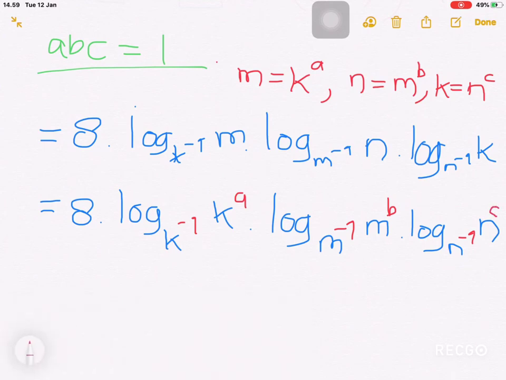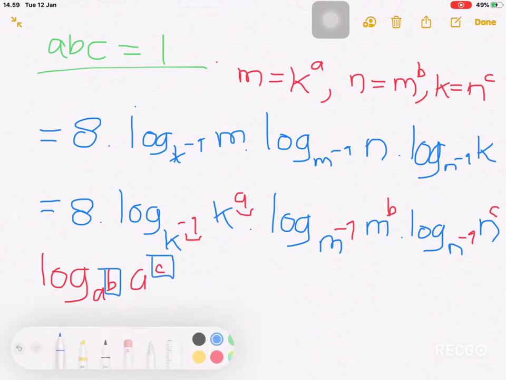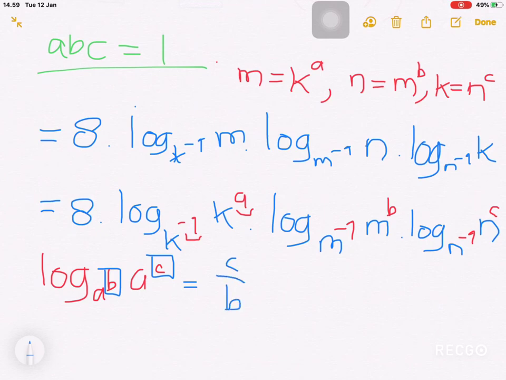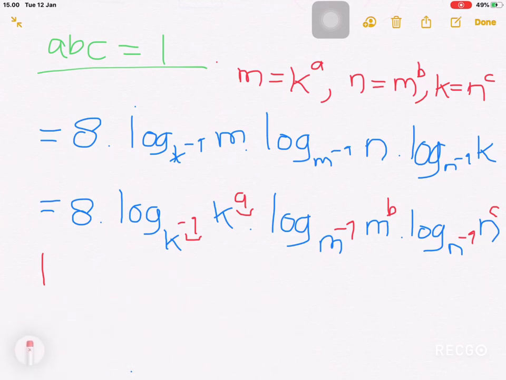Okay, so we're done with this, and notice I have written the powers in red, and you see why. Because there is a logarithmic property where we have log base a to the b of a to the c, and keep in mind these powers, this is just equal to c over b. So we're going to use this property in our equation.